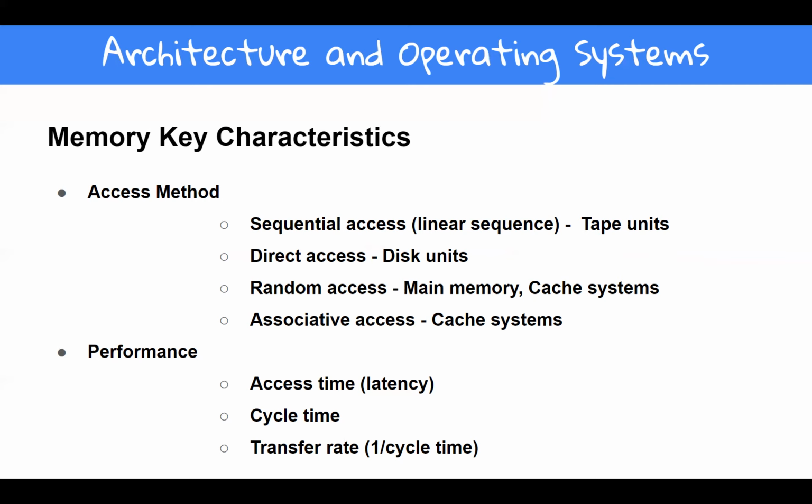So if you're looking for a specific word, you know the unique physical address, first of all you go there, so it's a direct access, but inside that block of data you go for sequential access, line by line. So it's a mixture of linear sequence and having blocks on the physical memory.